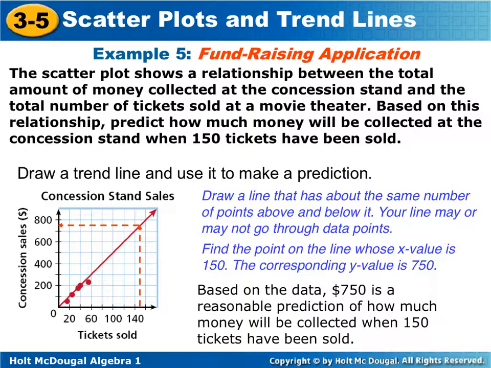So here, if it wants us to use the graph and predict how much money is going to be collected after 150 tickets, we're going to come over here to the tickets sold, find 150, follow it up to the trend line that we've created, and then follow it over to the money. And we can see about 750. So you can see where it hits your line and then follow it over to the other axis.